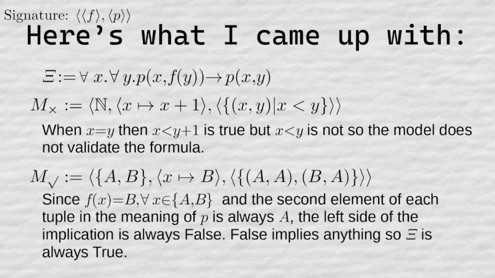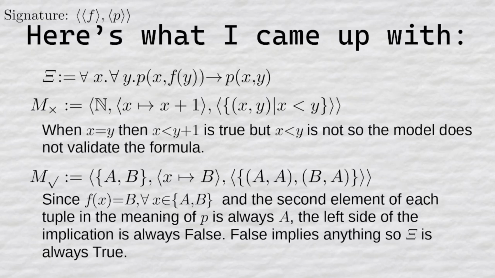So it is true that x is less than y plus 1, because x is less than x plus 1, right? So P of x and f of y is true, sorry. But x is not less than x, right? That would be silly. If 1 is less than 1, and so P of x, y is not true. So true then false, that's invalid.